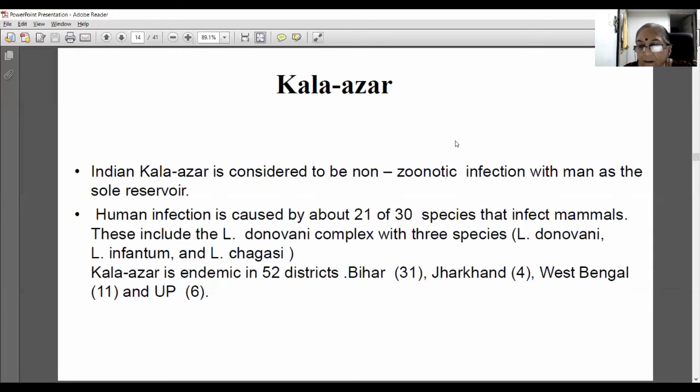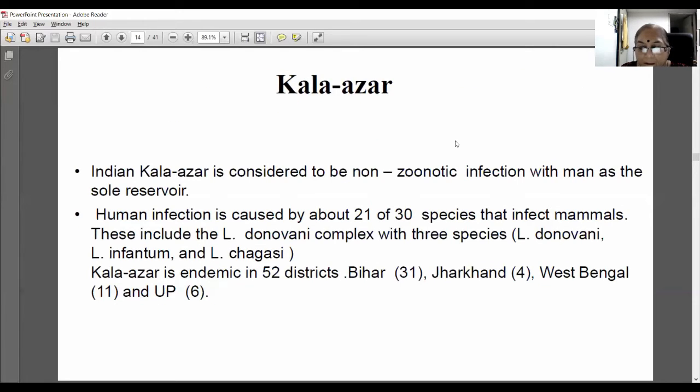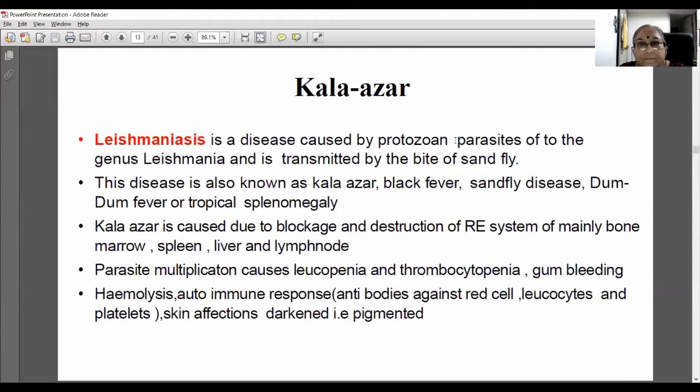The visceral leishmaniasis caused by Leishmania donovani and infantum was first characterized in India, where it is also known as Kala Azar, meaning black sickness.